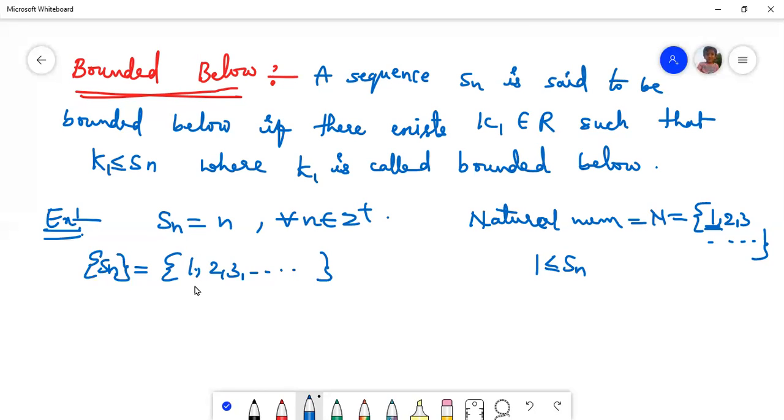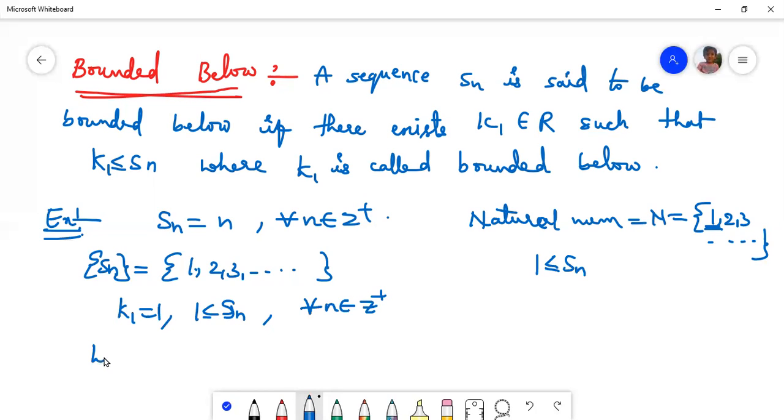In the same way, here k1 is equal to 1, and 1 is less than or equal to Sn for all n belongs to Z plus. That is nothing but S1 is 1, S2 is 2, S3 is 3, S4 is 4, and so on. Okay, this is the best example.